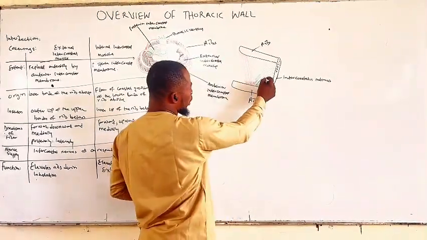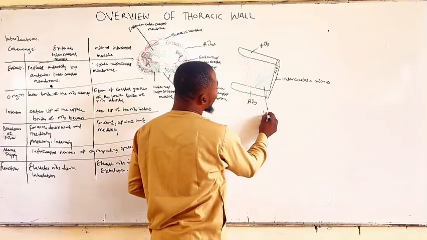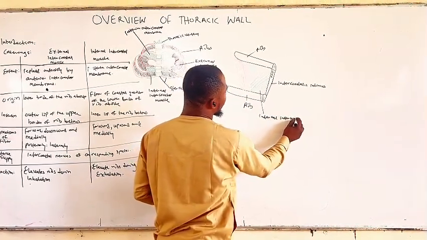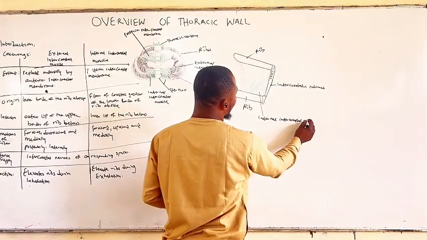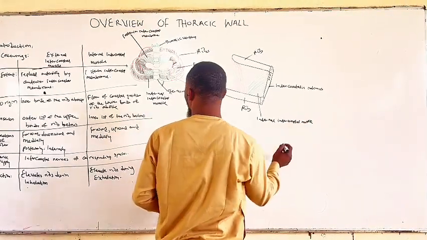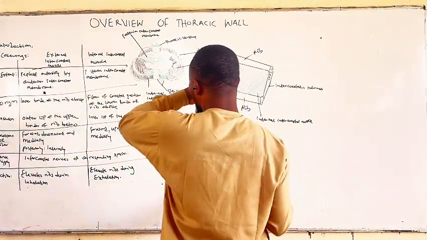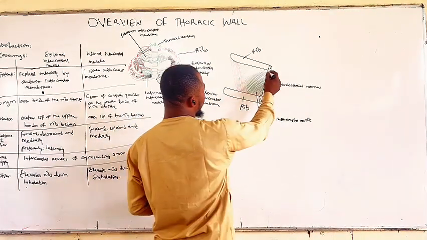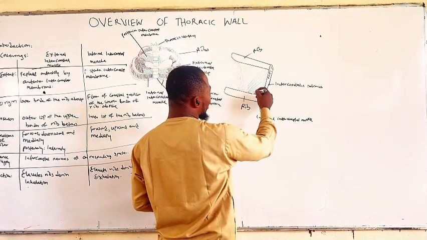Now this muscle here is our internal intercostal muscle, in the sense that the fibers of the internal intercostal muscles are directed upward.